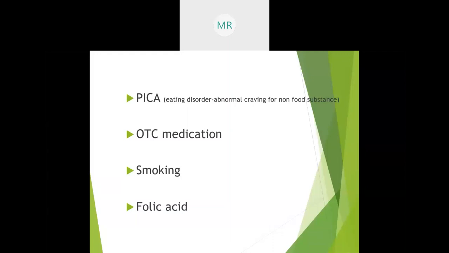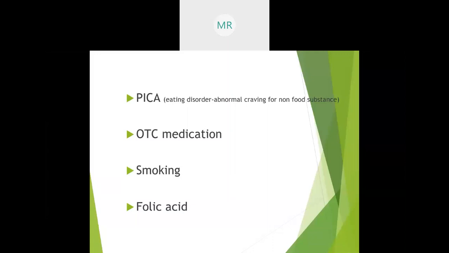Your most common one that you will see very often if you're around a lot of pregnant patients is ice cubes. But all of this, because it's an abnormal craving for non-food substance, usually accompanies iron deficiency anemia. Okay, so it's very important if your patients tell you that they have cravings for any of these, pay attention because they might be suffering from an iron deficiency anemia.